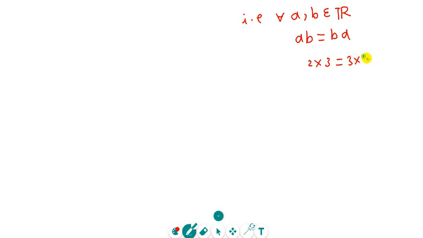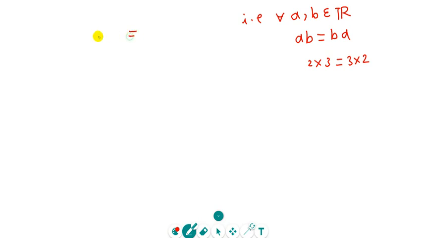If we have two real numbers a, b belongs to the set of real numbers, so we can write ab is equal to ba. This is the form of commutative property. You can take any two real numbers and you can also prove that ab is equal to ba. For example, 2 and 3 are two real numbers, so we know that 2 multiplied by 3 and 3 multiplied by 2, both sides are equal.